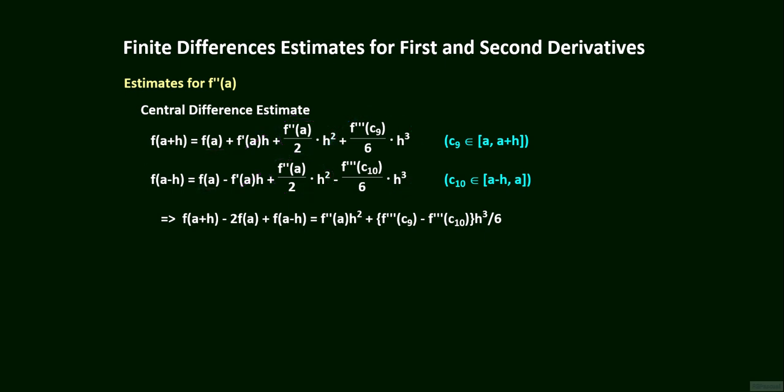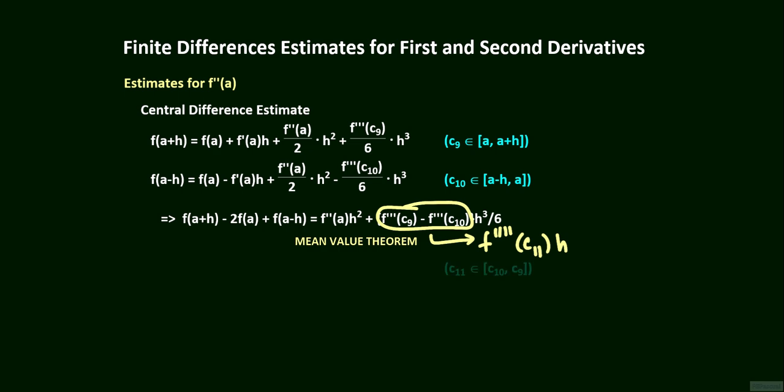If f quadruple prime exists, then the mean value theorem states that f triple prime of c sub 9 minus f triple prime of c sub 10 should be equal to f quadruple prime of c sub 11 times h. C sub 11 is now some value between c sub 10 and c sub 9.